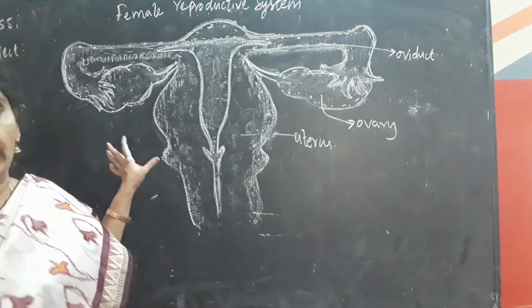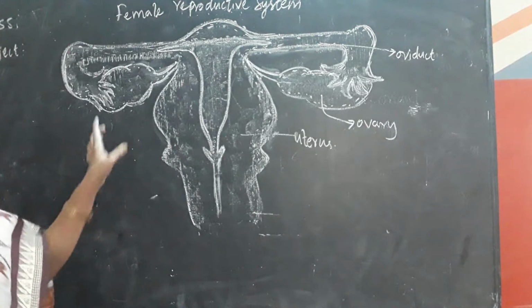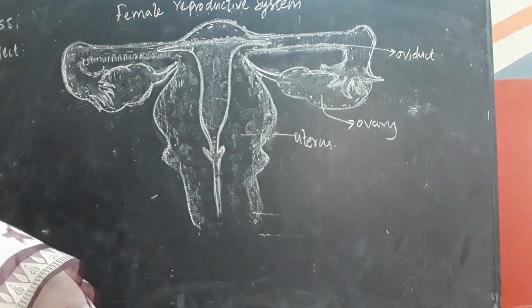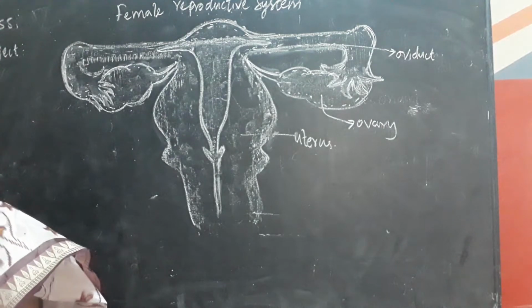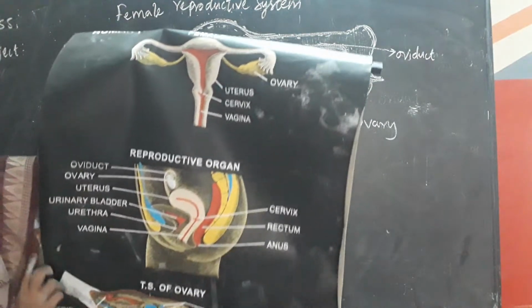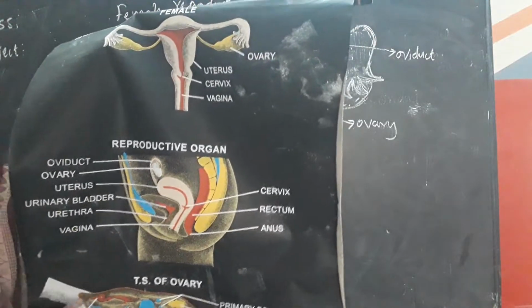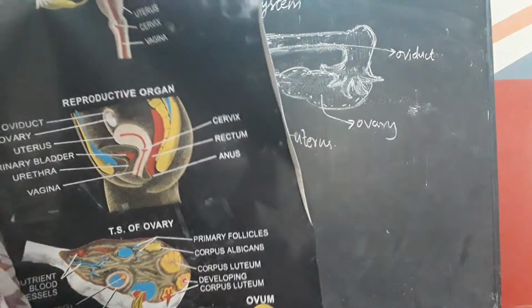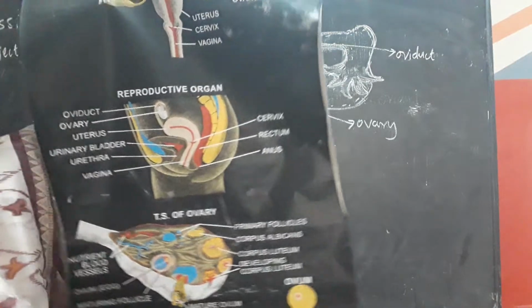The ovum is surrounded by an outer covering and contains the nucleus inside it. Can you see here, children? This is the structure of the ovum.